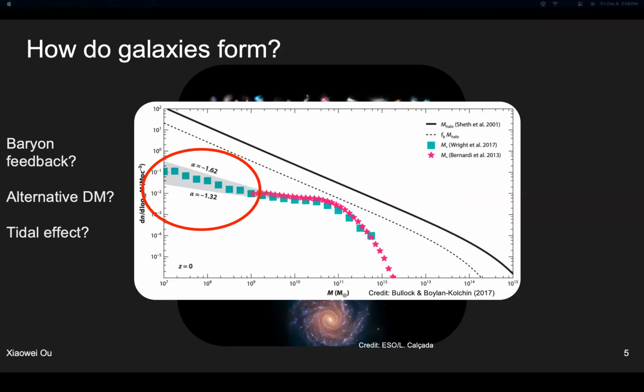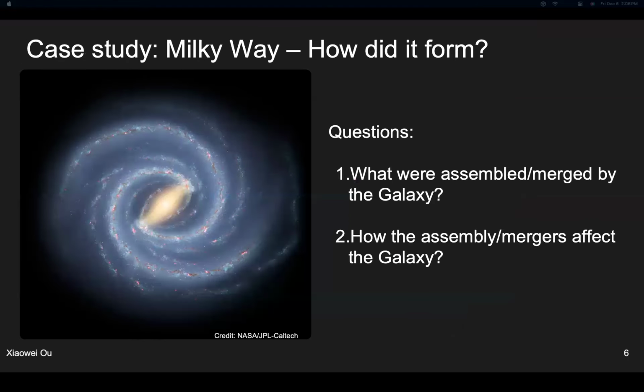To help constrain that low mass end of the galaxy mass function, we're going to look at things through the lens of galaxy formation, particularly focusing on the Milky Way. We want to ask first, in the past, what galaxies have merged into the Milky Way? If we look at the debris of those merged galaxies, can we infer any properties of what they were like before they fell into the galaxy?